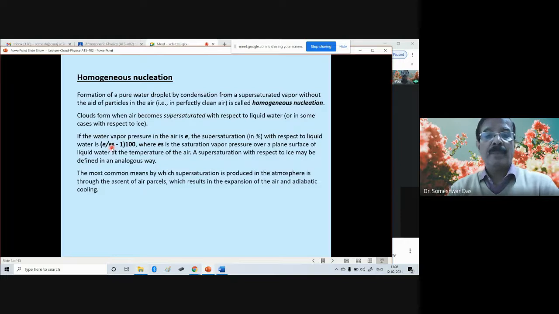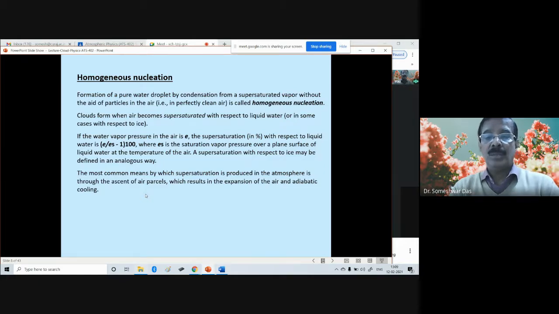The most common means by which supersaturation is produced in the atmosphere is through the ascent of air parcels, right? Because when the air parcel ascends or rises up, it will expand and cool down, right?